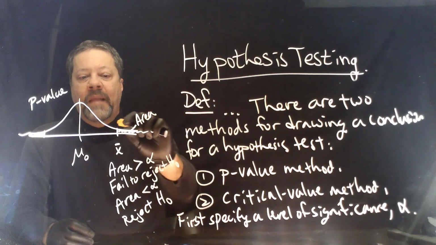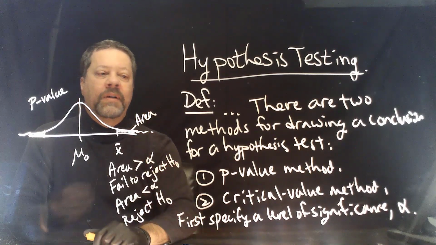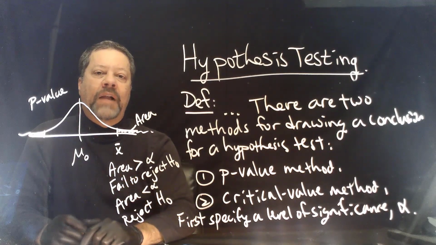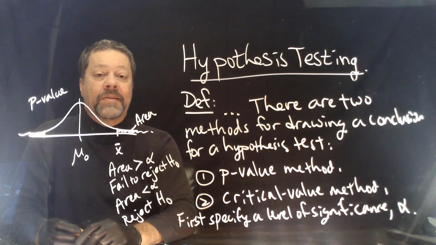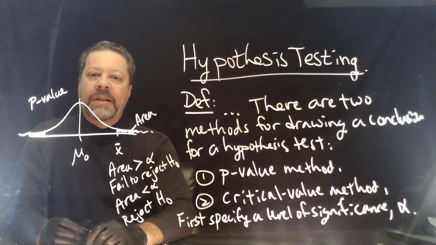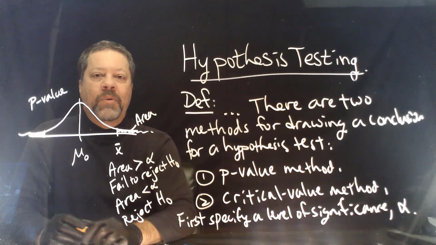The alpha value that we choose is the probability of rejecting the null hypothesis even when the null hypothesis is true. So alpha is the probability of what we call a type 1 error.